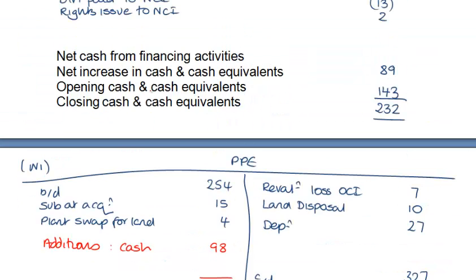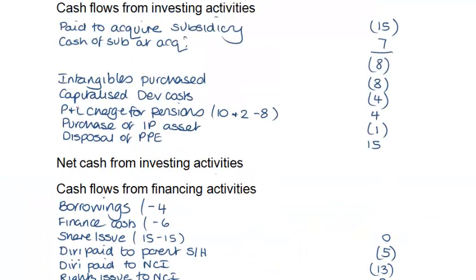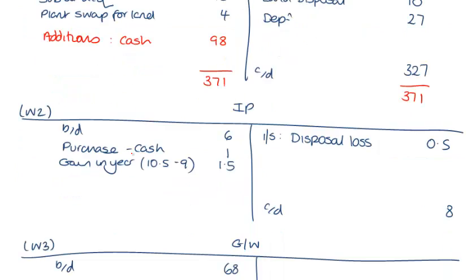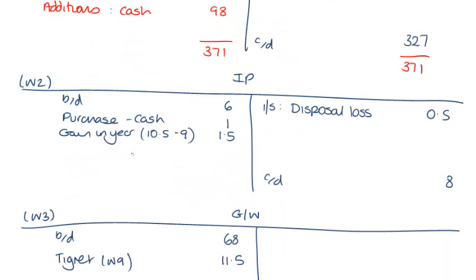So we go to our cash flow statement, PPE additions 98. That's from working number 1. Investment properties 67, 8.5 equals 8.5, no further adjustments.